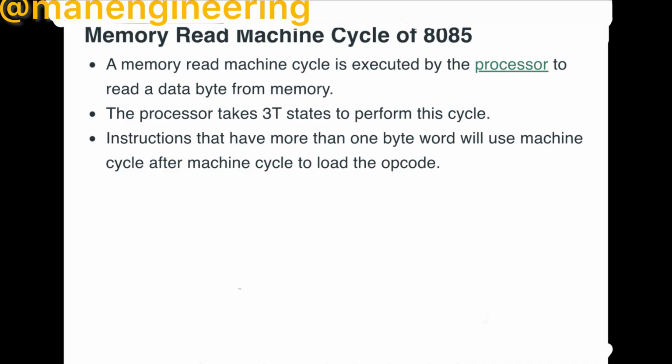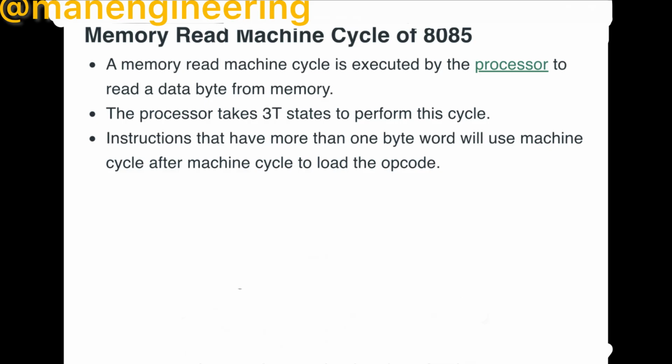Memory read machine cycle of 8085. A memory read machine cycle is executed by the processor to read a data byte from memory. The processor takes 3 T states to perform this cycle. Instructions that have more than 1 byte will use machine cycle after machine cycle to load the operands. That is 3 T states, an important point.